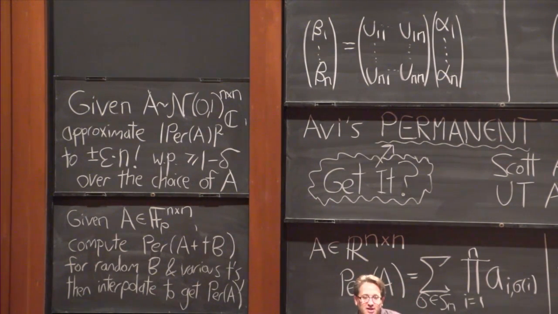But we have not been able to prove that. We can prove that if you put the determinant in place of the permanent, then it does converge to a log normal distribution as n gets large.